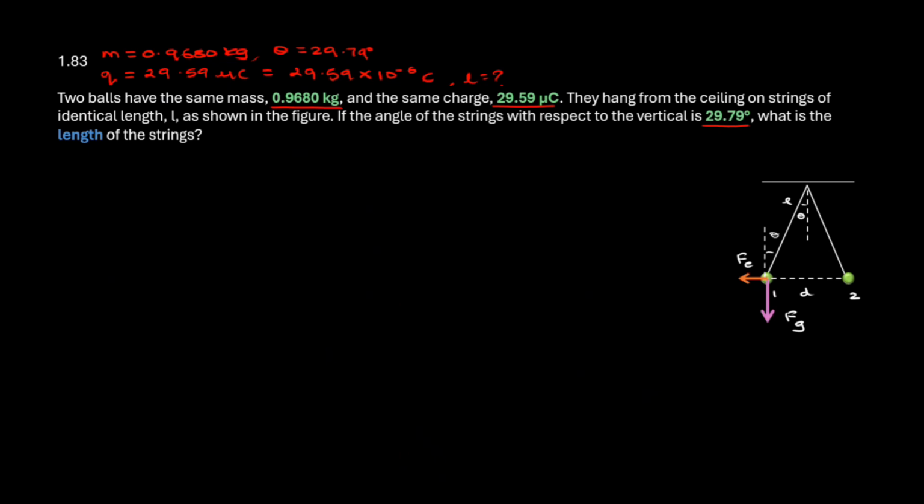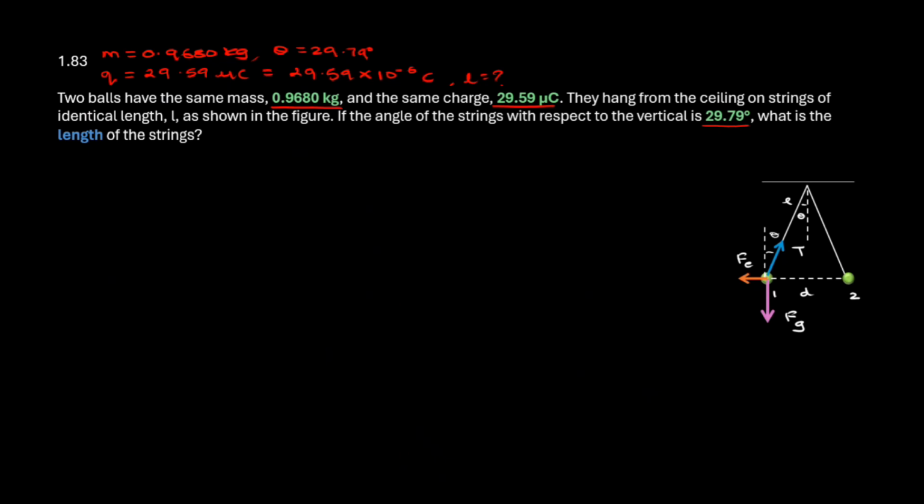And since ball 1 is suspended with the help of a rope, there will be a tension along the length of the rope directed towards the point of suspension. We call this force as tension T. The tension force is making an angle theta with the vertical as it is along the length of the string, and the string is also making an angle theta with the vertical.